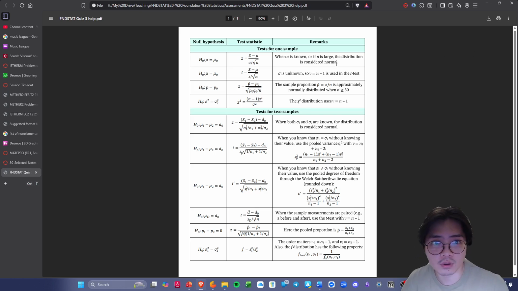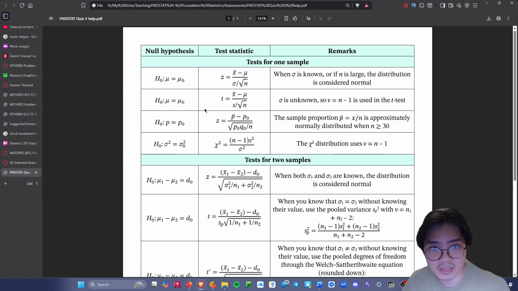This will have all of the null hypotheses here. We'll have the corresponding test statistic to use, then also the remarks, as in what you should do and what the degrees of freedom are. For example, in here it's v equal to n minus 1.